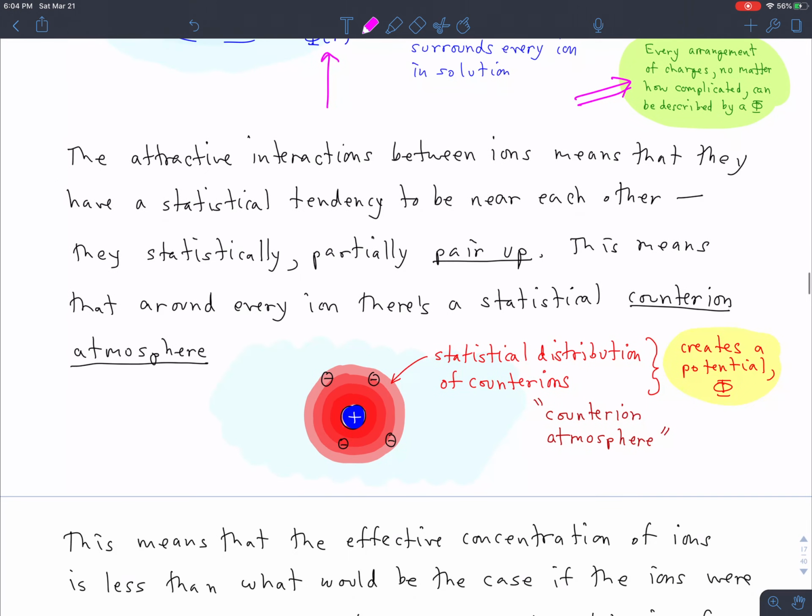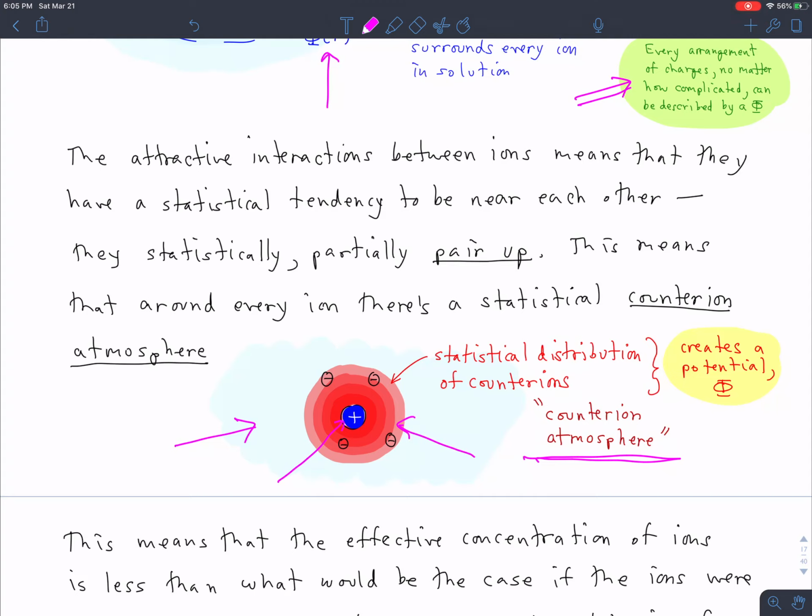So the way we understand that is that around every ion, like this positive central ion, there's a counter-ion atmosphere. It's a statistical idea. This isn't really smeared out charge. It's the statistical distribution of all the minus charges that are hanging out, having a tendency to hang out more closely to the positive charge than they would if it were just bulk solution.